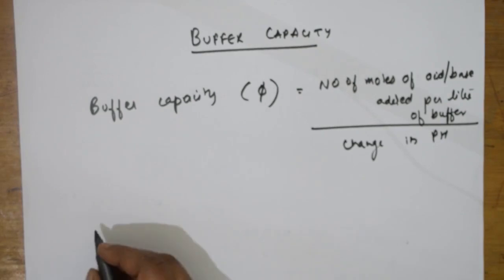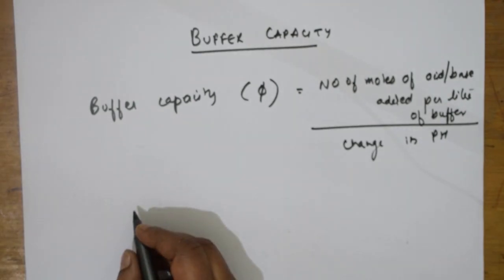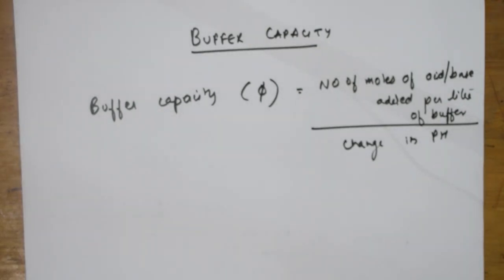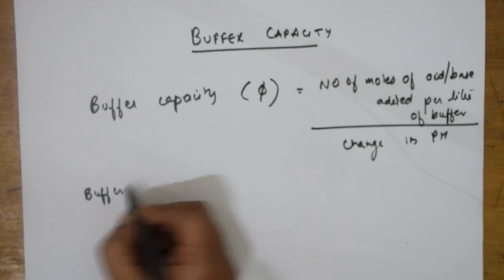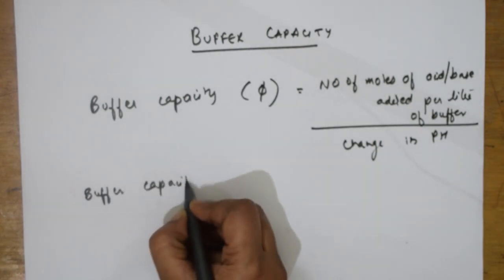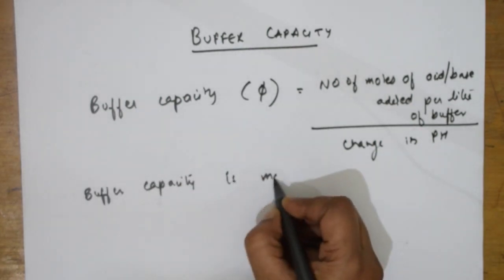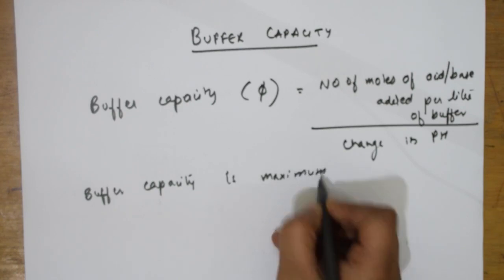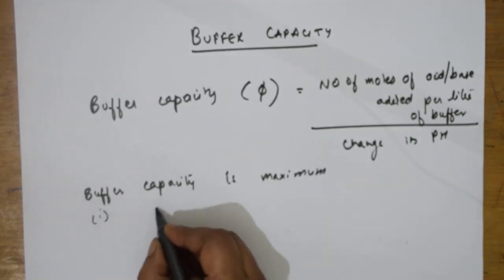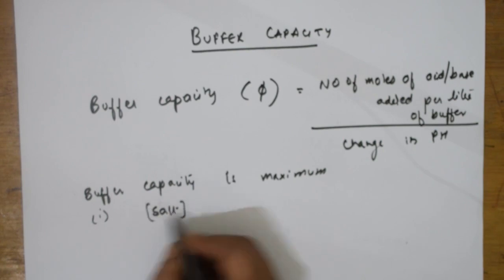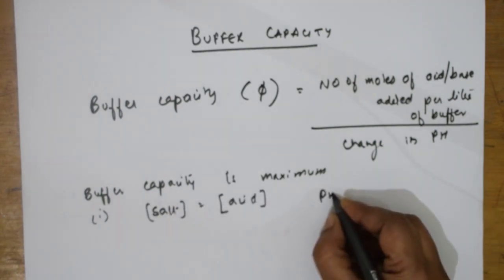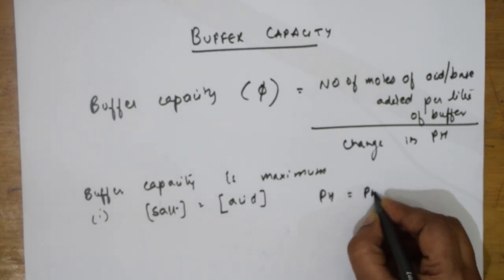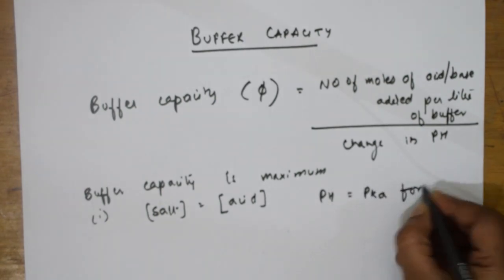When is buffer capacity maximum? First condition: when salt concentration is equal to acid concentration, that is pH is equal to pKa for an acidic buffer.